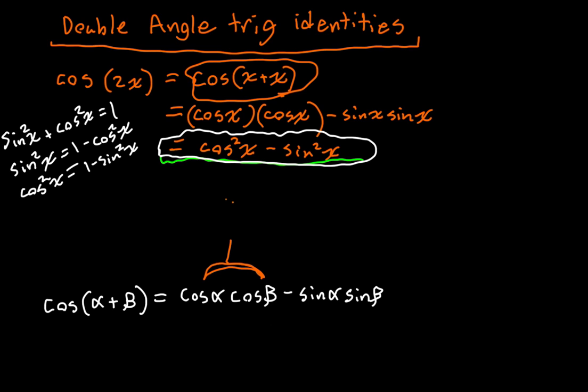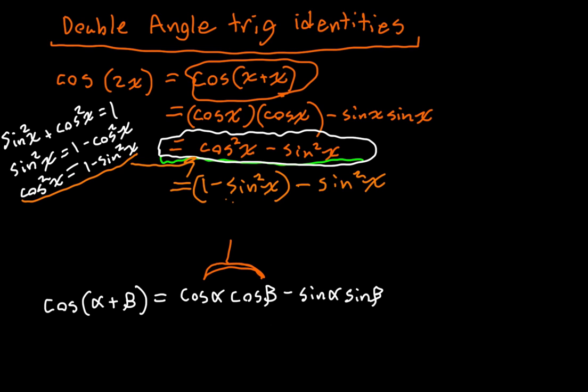So cosine squared of x minus sine squared of x. Well, let's just plug something in for cosine squared of x first. Cosine squared of x is equal to 1 minus sine squared of x. So what's that going to give us? This whole expression here is going to be the same as 1 minus sine squared of x minus sine squared of x.